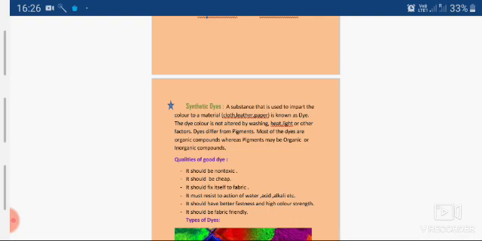So the dye should not wash away after washing. It should not fade away after washing, heat, or light. So the dyes are very important in our day-to-day life.